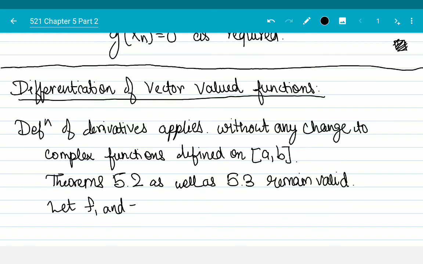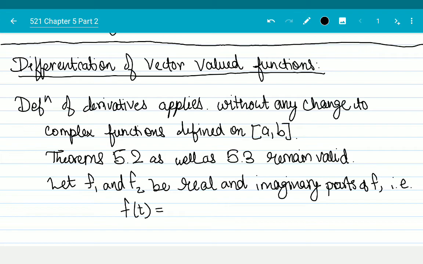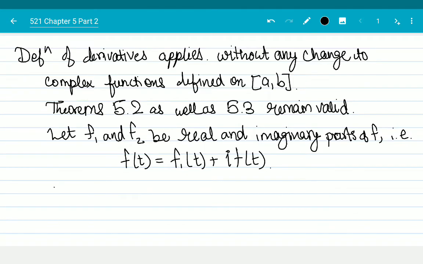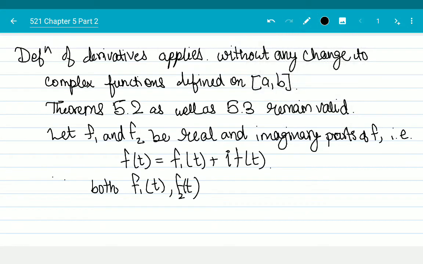Let f1 and f2 be the real and imaginary parts of f, i.e. f of t is equal to f1 of t plus i times f2 of t. Then both f1 and f2 are real functions.